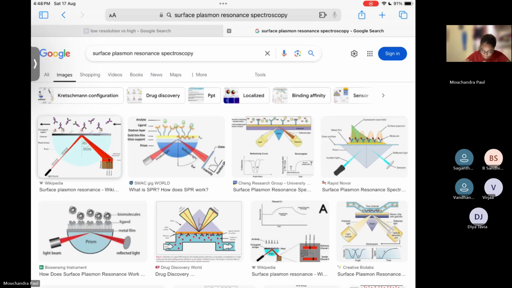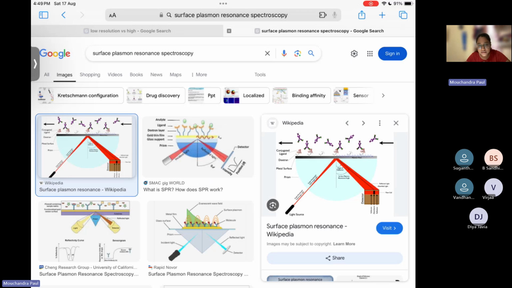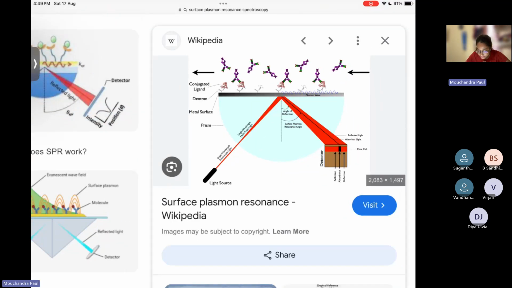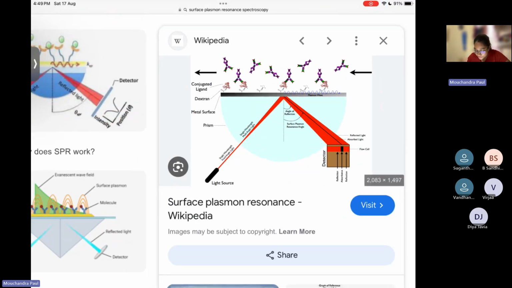Okay. The first technique that was mentioned was surface plasmon resonance spectroscopy. So here what is happening? This is a biomaterial, all right? And on top of it, there are some molecules present, some functional groups or something like that.